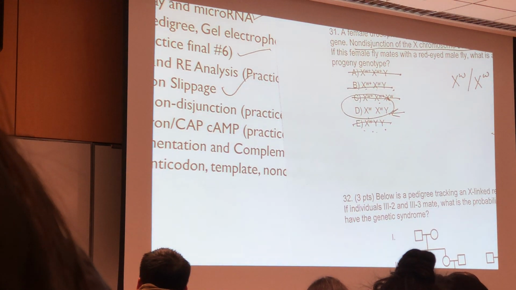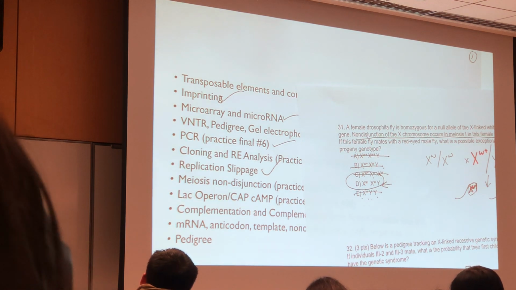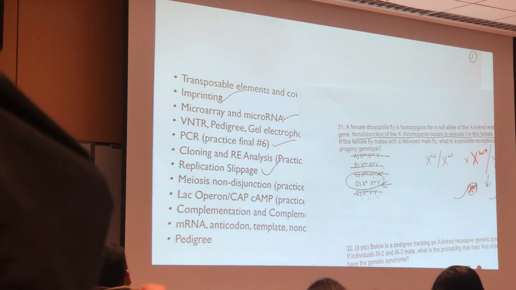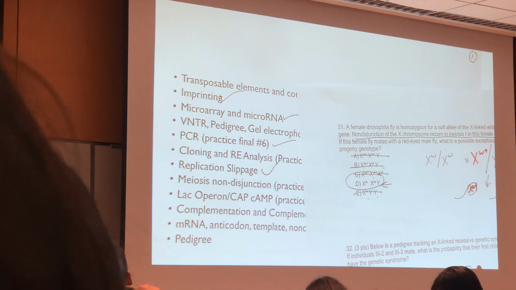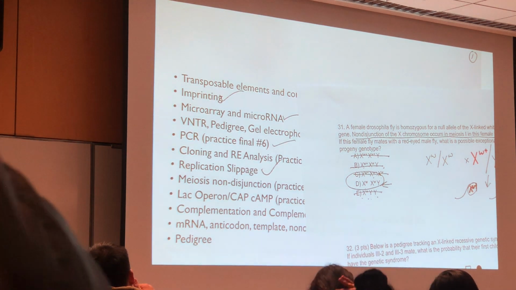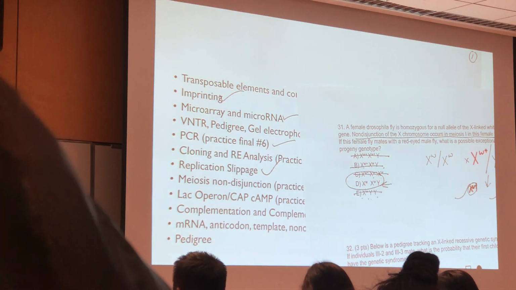If there's non-disjunction in a male fly in meiosis 1, all of the sex chromosomes are going to go together. You would never have the X and the Y separating from each other. I'm sorry. The X and Y normally separate from each other in meiosis 1. So the only time they would stay together is if you have non-disjunction in meiosis 1. And if you have non-disjunction in meiosis 2, they've already separated.